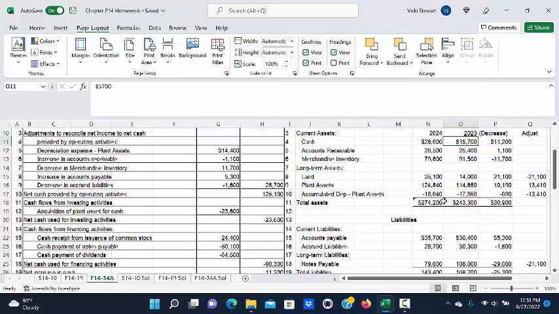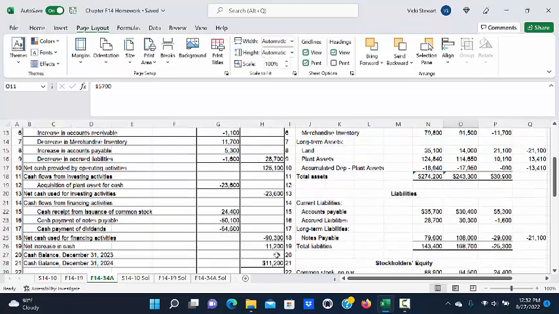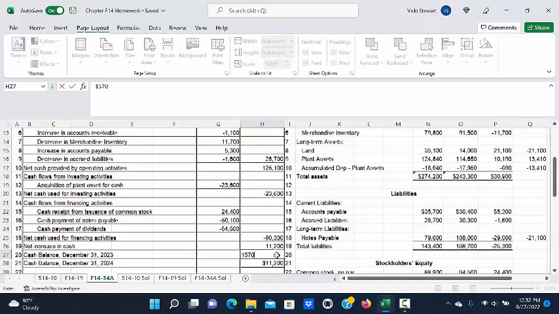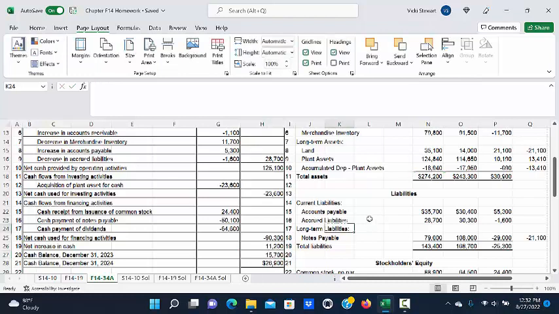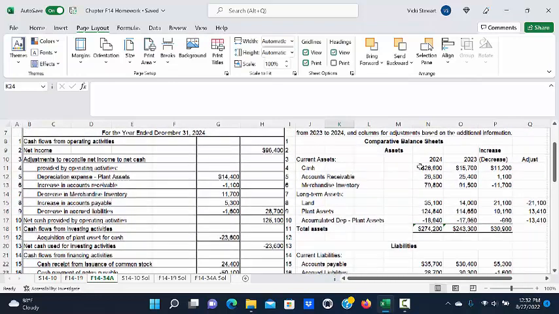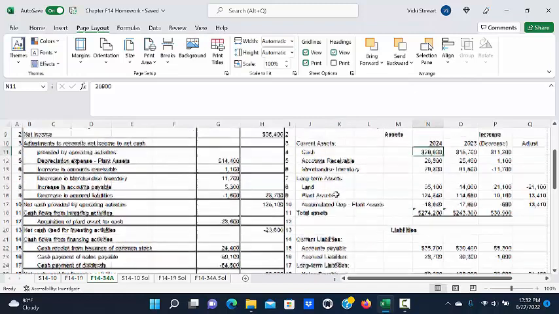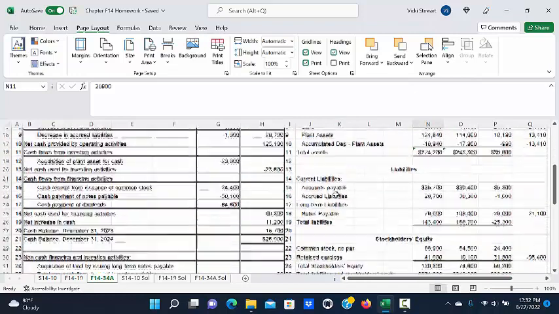Now we're going to add to that amount our beginning cash balance, or ending cash balance for 2023, of $15,700, so that we can reconcile our cash flows to our cash balance at the end of December 2024, which is $26,900, as we see in the comparative balance sheet.